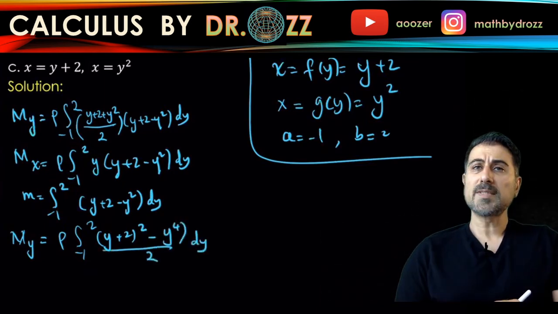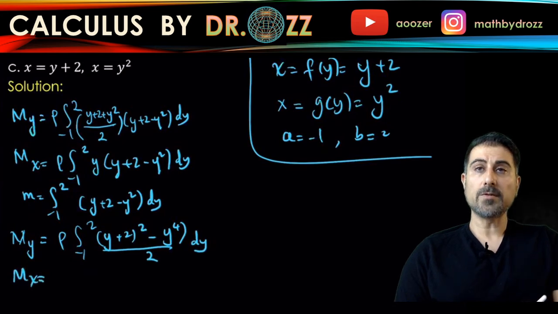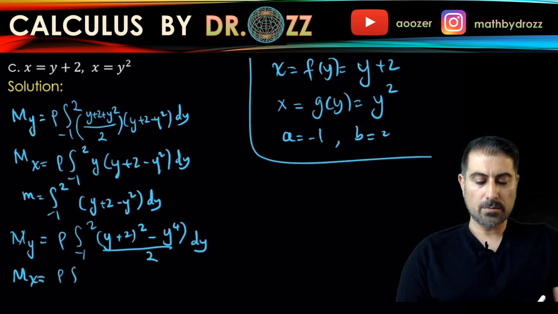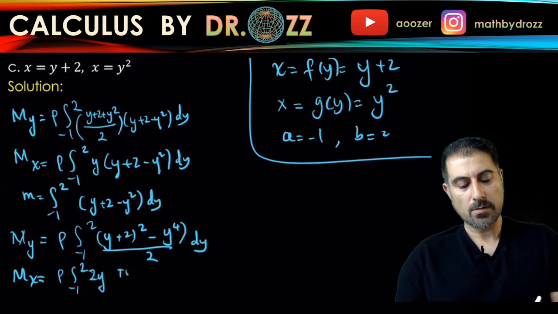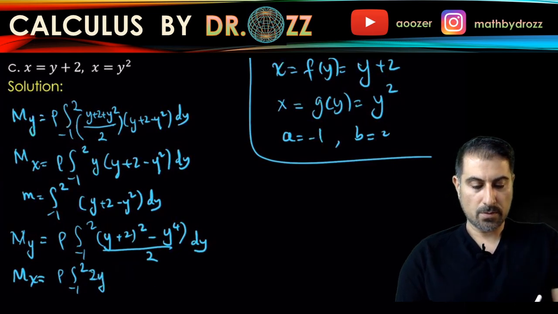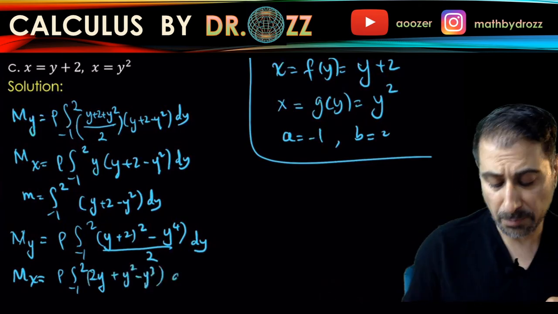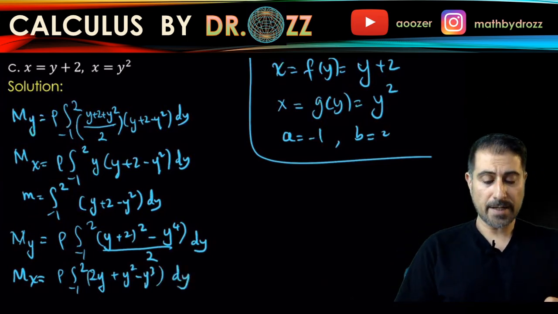And m sub x is going to be rho, integral from -1 to 2, 2y plus y squared minus y cubed dy. And m is already in the simplest form, so I don't need to modify that.